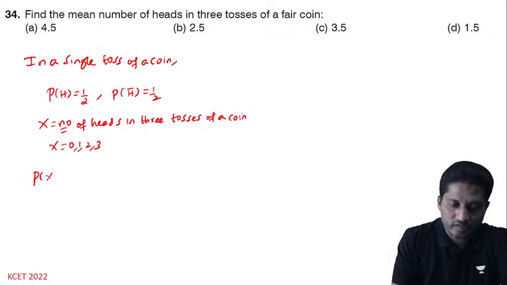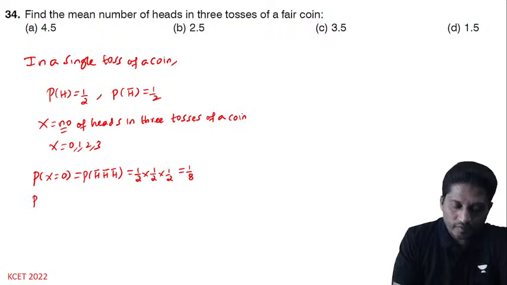Probability of X is equal to 0. Non-head in the first toss, non-head in the second toss, non-head in the third toss. 1 by 2 into 1 by 2 into 1 by 2 is 1 by 8. Probability of X is equal to 1. 1 head and 2 non-heads. This is H, H bar and H bar.